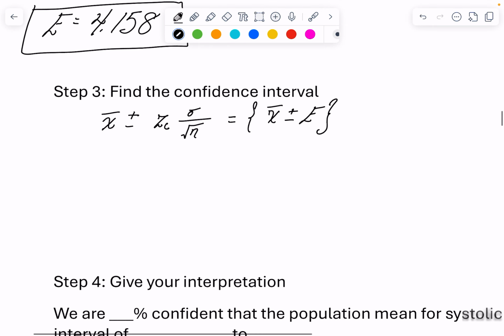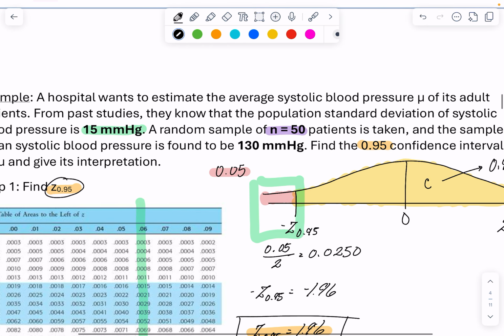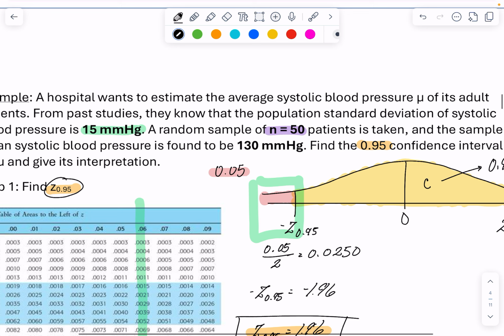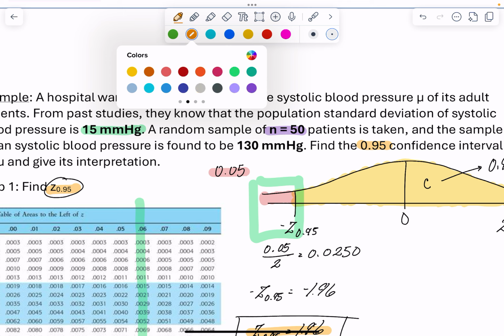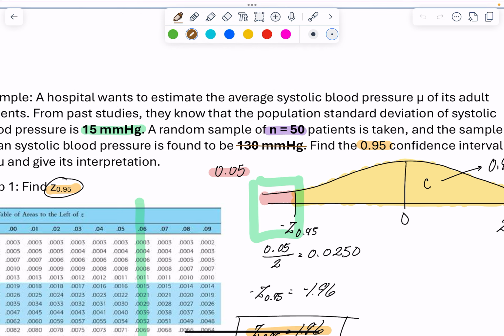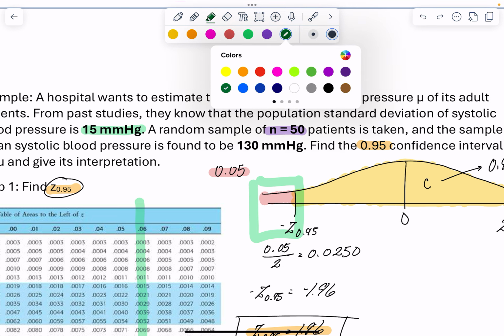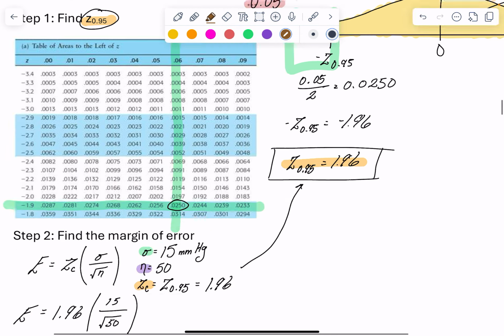So here we know that our sample mean is 130. Let me find a good color for this. Not the best color, but it's different. We'll do brown. That's also not highlighted. There we go.